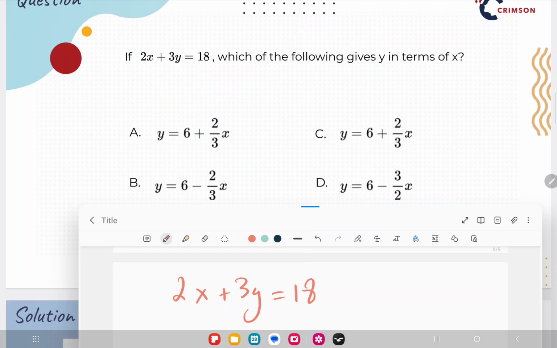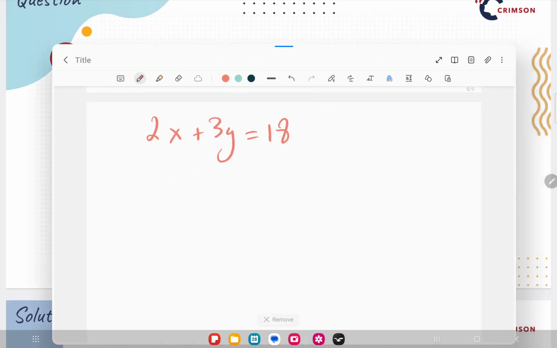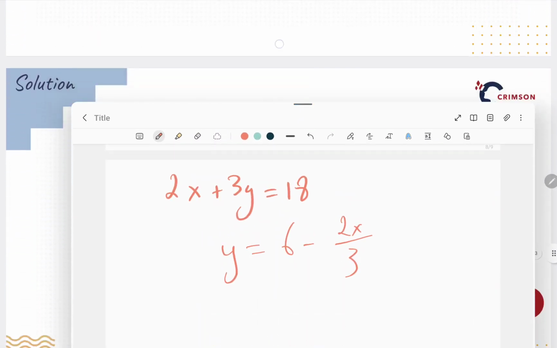Now, if I want 2x, if I move 2x to the right, it's going to be minus 2x. Minus 2x. This one is clearly not what I'm looking for, because it's 3 over 2x. So the answer is 6 minus 2x over 3.